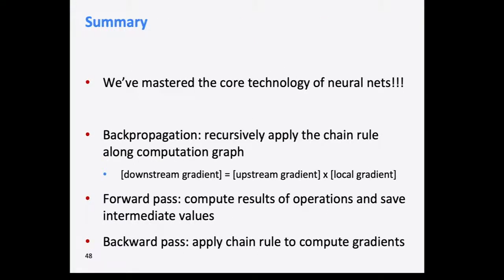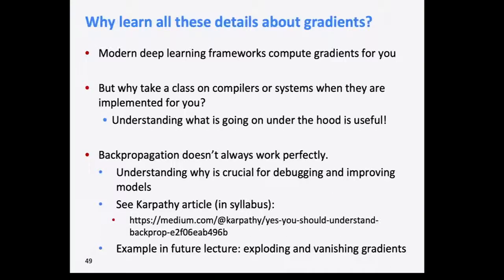Okay, so we've now mastered the core technology of neural nets. We basically know everything we need to know about neural nets, and I just summarized it there. Just to emphasize once more, some people think, why do we even need to learn all this stuff about gradients? And there's a sense in which you don't really, because these modern deep learning frameworks will compute all the gradients for you.